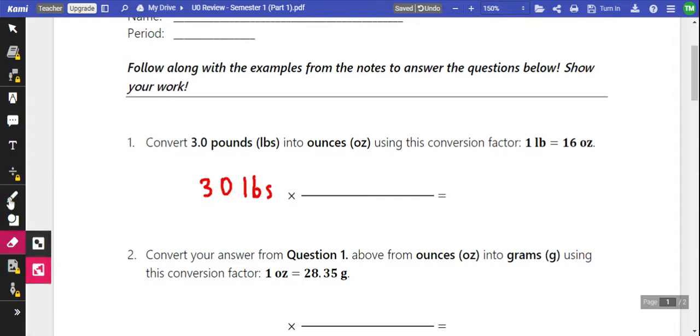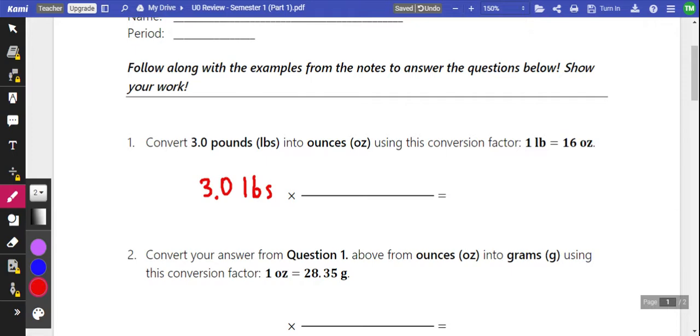So I want to convert this 3.0 pounds. Oh, that was really bad. Let's try that again. There we go. So I want to get rid of my pounds unit, and I want to change this into ounces. Units are kind of like variables in that we can cancel them out and remove them if we have them on both sides of a fraction bar, on top and bottom.